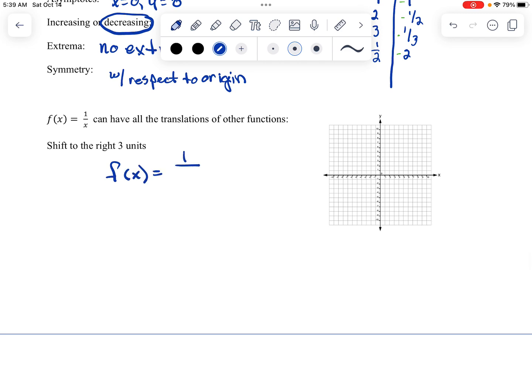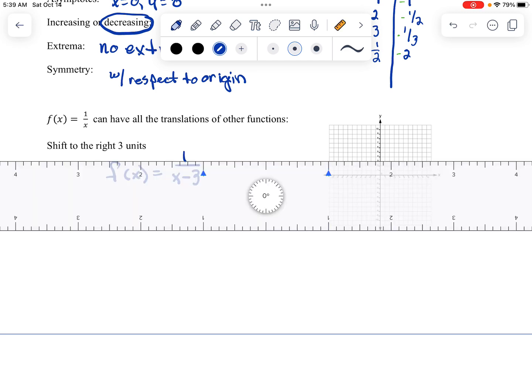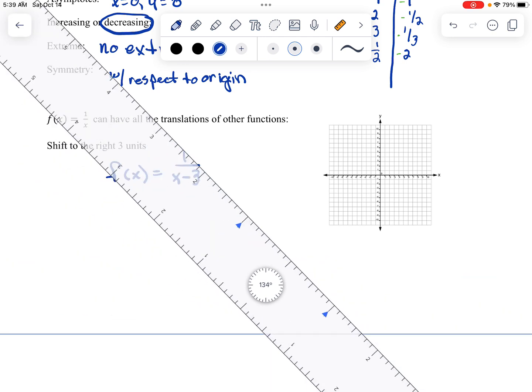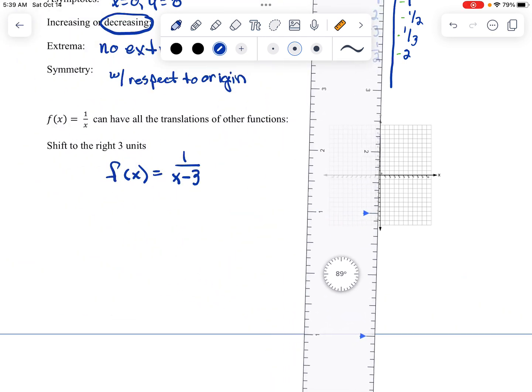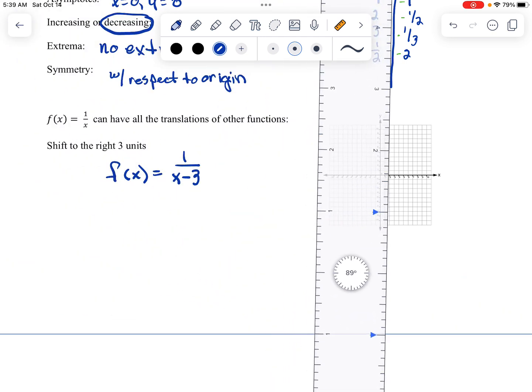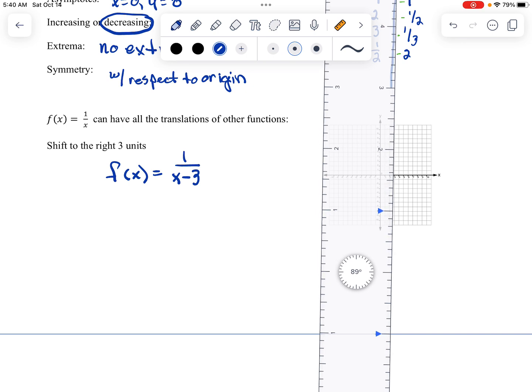In this case, we are going to replace x with x minus 3. And what I do there is I take my normal asymptotes and shift them to the right 3 units.